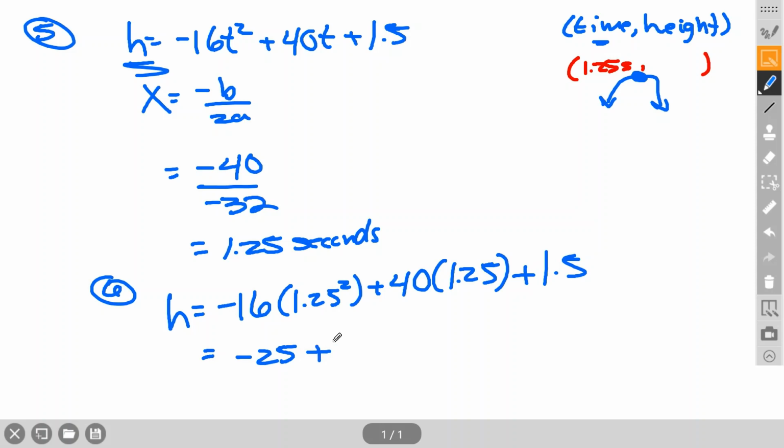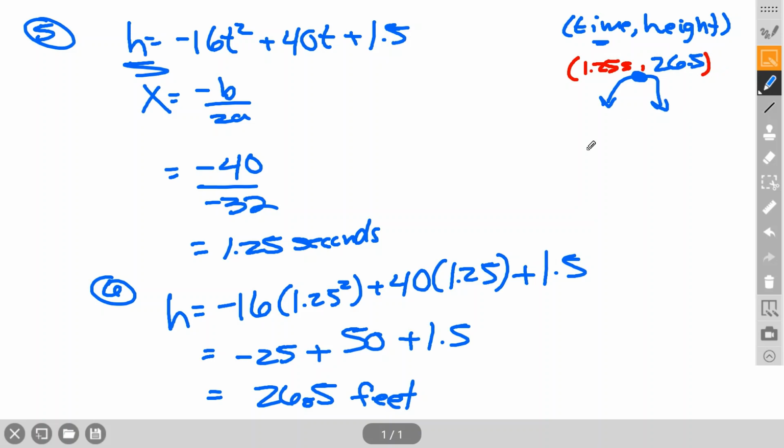Plus 40 times 1.25, this is 50, plus 1.5. So the maximum height, 50 minus 25 plus 1.5, is 26.5 feet. So the maximum height here, 26.5 feet. So after 1.25 seconds, it will be at its maximum height, 26.5 feet, and that is numbers 5 and 6.